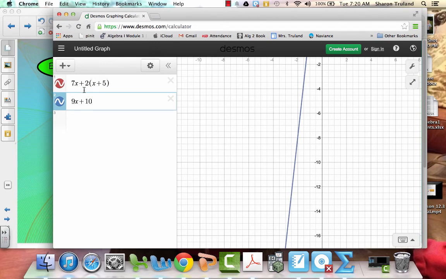So where's the red line? Well, I'm going to shut off the blue line. There's a red line. There's a blue line. Shut off the red. There's a blue. They're on top of each other.